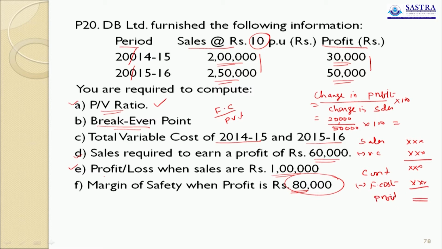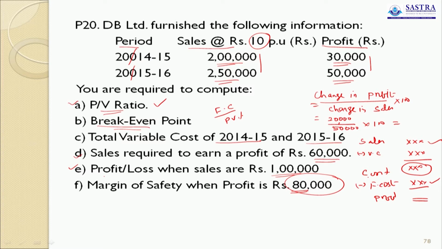Here you take period 2014-15, where sales is given and profit is given. Contribution in terms of percentage is the PV ratio which we found. So here contribution is equivalent to PV ratio.